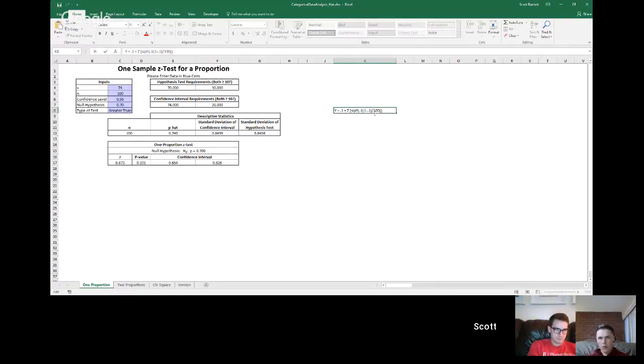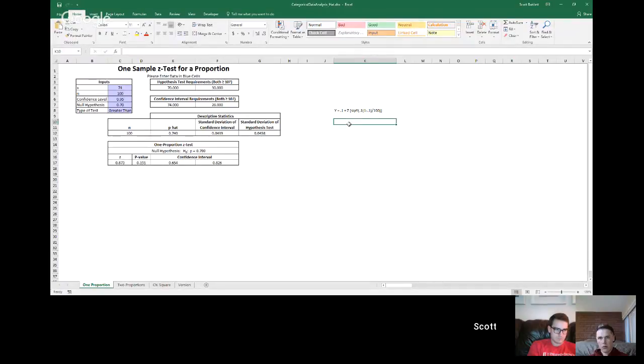Do you see what I'm saying? Mm-hmm. So I guess to simplify, the z is getting the square root of 0.1 times 1 minus 1 divided by 100.